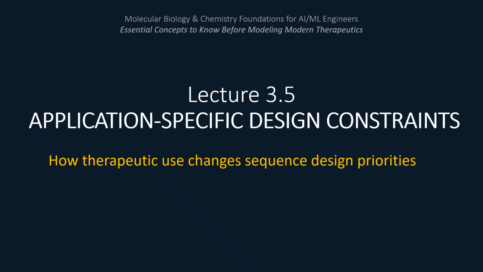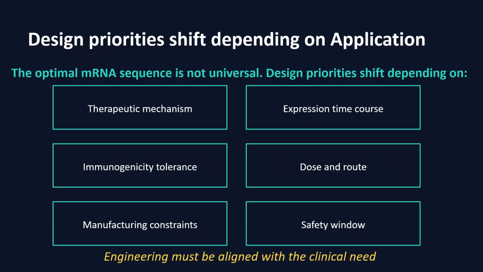All right. So, in this lecture, let's talk about how sequence design priorities change based on the application. We already kind of know that no universal best mRNA sequence exists.